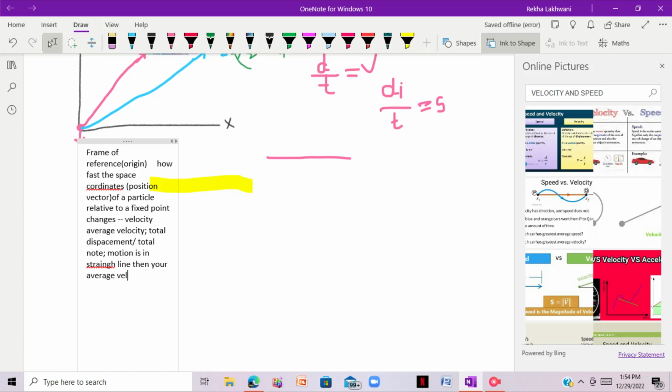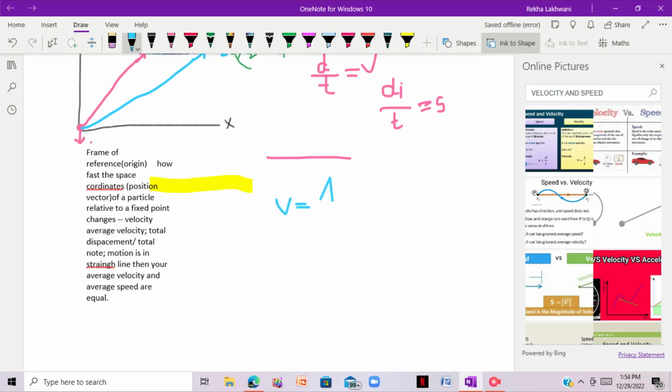Now if I say the time is the same, what will be the formula of this velocity? We know that speed is equal to distance upon time. Here we want to find distance. So distance is equal to s multiplied by t, right?